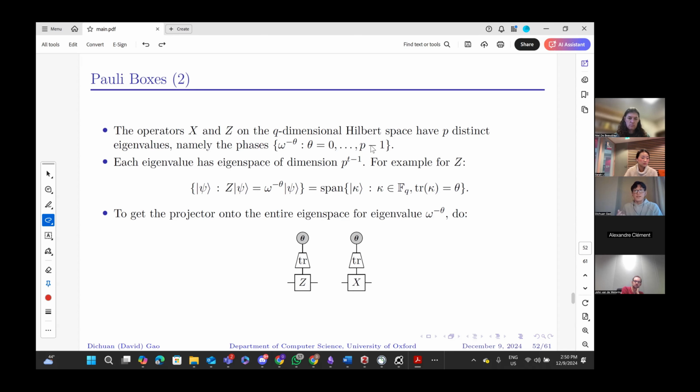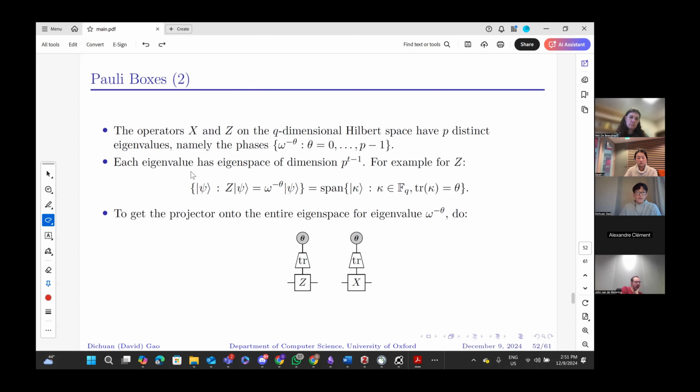And so, for example, in the case of the Pauli Z, the eigenspace corresponding to this eigenvalue here is spanned by all the computational basis states whose field trace is theta. And remember, field trace is a surjective function.